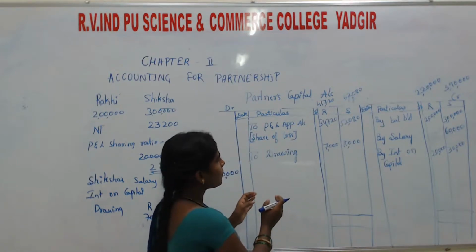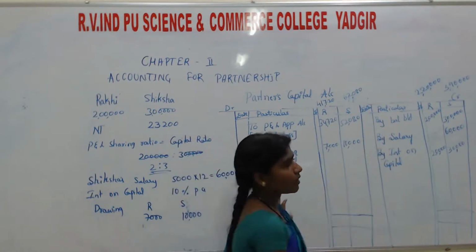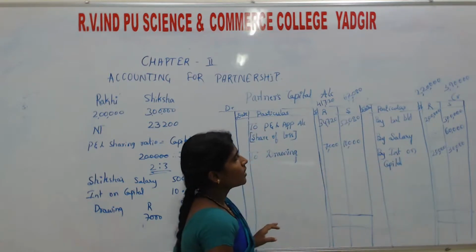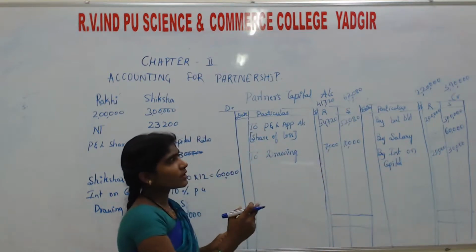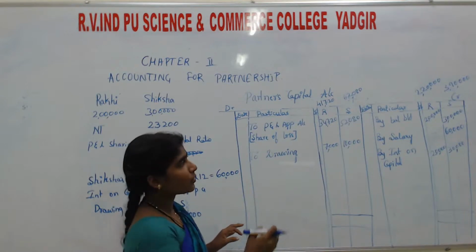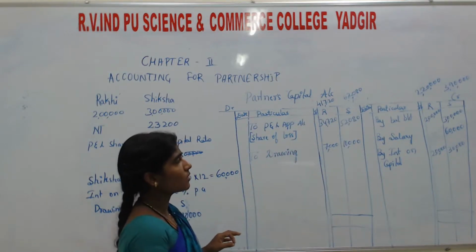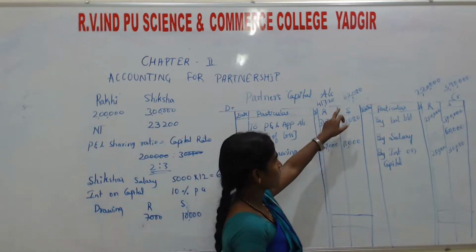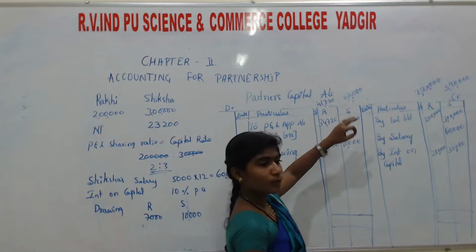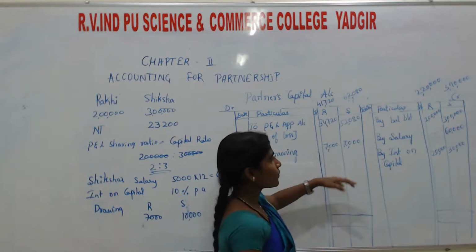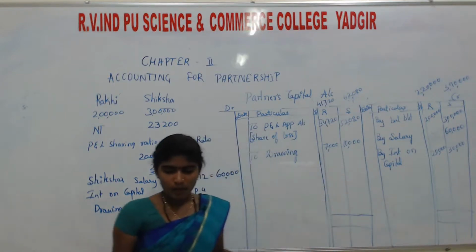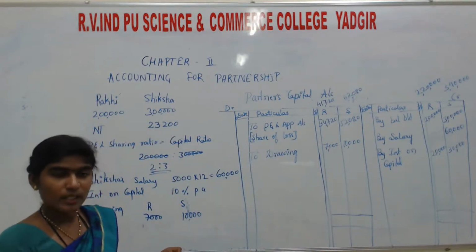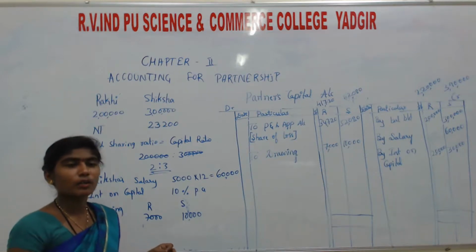First, we are going to close Shiksha's account. Shiksha's income is rupees 3 lakh. Total capital is rupees 3,90,000. In that, expenditure and losses are 62,080. If we deduct, then also the firm has to pay the remaining 3,27,920 rupees.